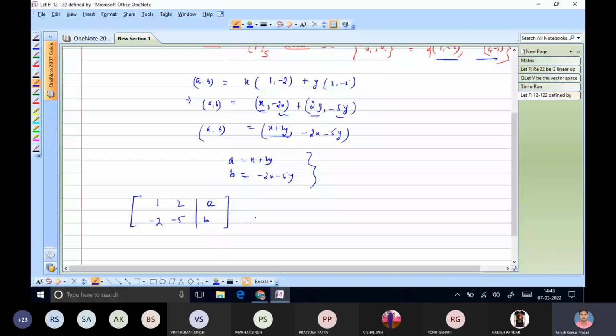I am multiplying 2 here and adding to the second. So 1, 2, A; 2 minus 2 is 0, 2 times 2 is 4, minus 5, minus 1, and 2A plus B. Right? I will get this. I multiply minus 1. See what we can do. Multiply the second row by 2.